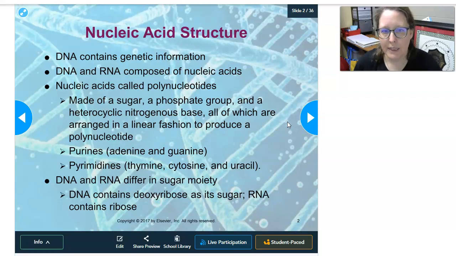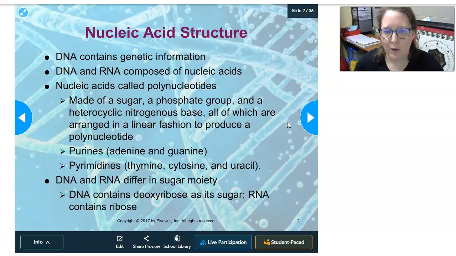DNA obviously contains genetic information, and that genetic information is coded by nucleic acids. Nucleic acids are called polynucleotides because they're made of a sugar molecule with a phosphate group and then a nitrogenous base, arranged in a linear fashion, lined up, right? And they produce a polynucleotide.